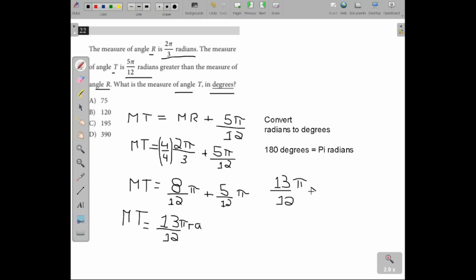Now we multiply this by 180 degrees. That's equal to pi radians. We cancel the pi's out.